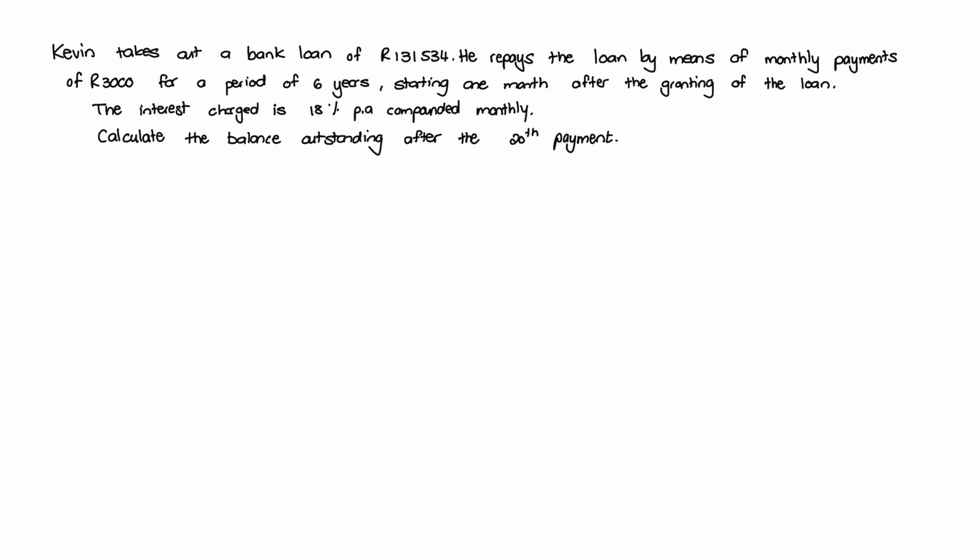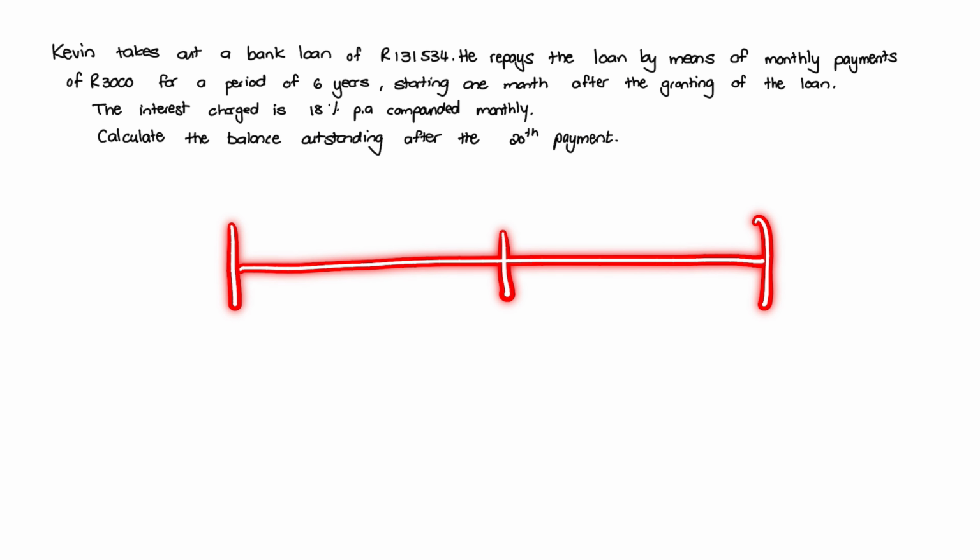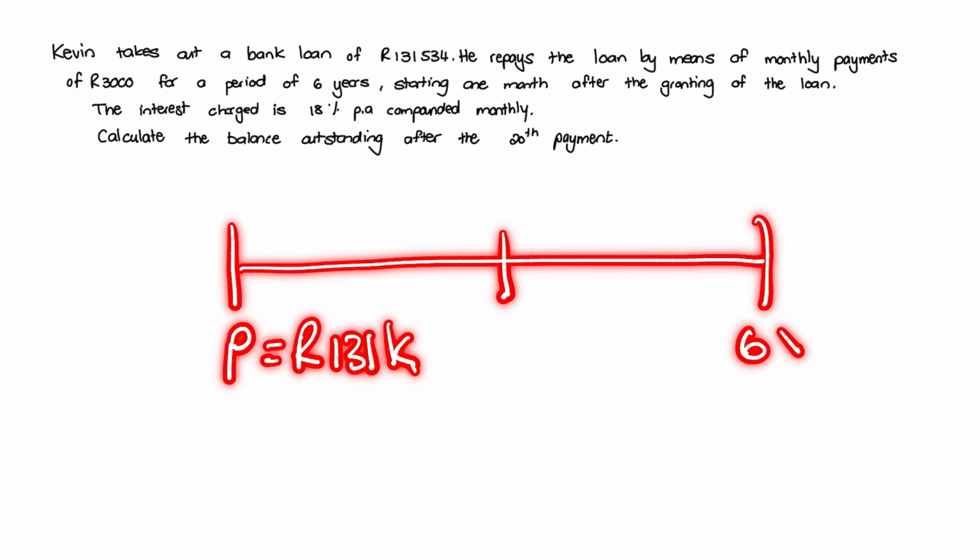For the balance outstanding, there are normally two methods that teachers teach. So if we look at a timeline, and we have the loan that we have received now, so this is the 131,000 Rand. We know it's 6 years and it's monthly payments. And we want to find the balance outstanding after the 20th payment.